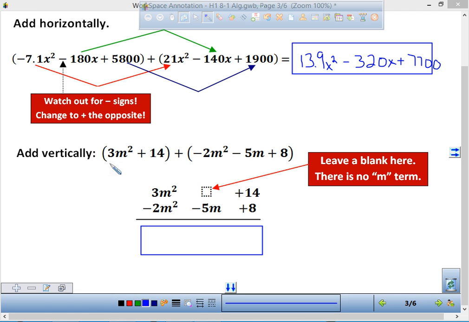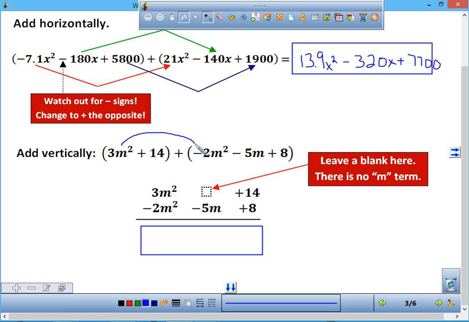The next one, now I'm going to combine like terms again. You could add vertically like they said here, or you can add using the arrows. I always like to connect them with arrows. So I'm going to connect 3m squared and negative 2m squared, and that's going to give me just 1m squared.